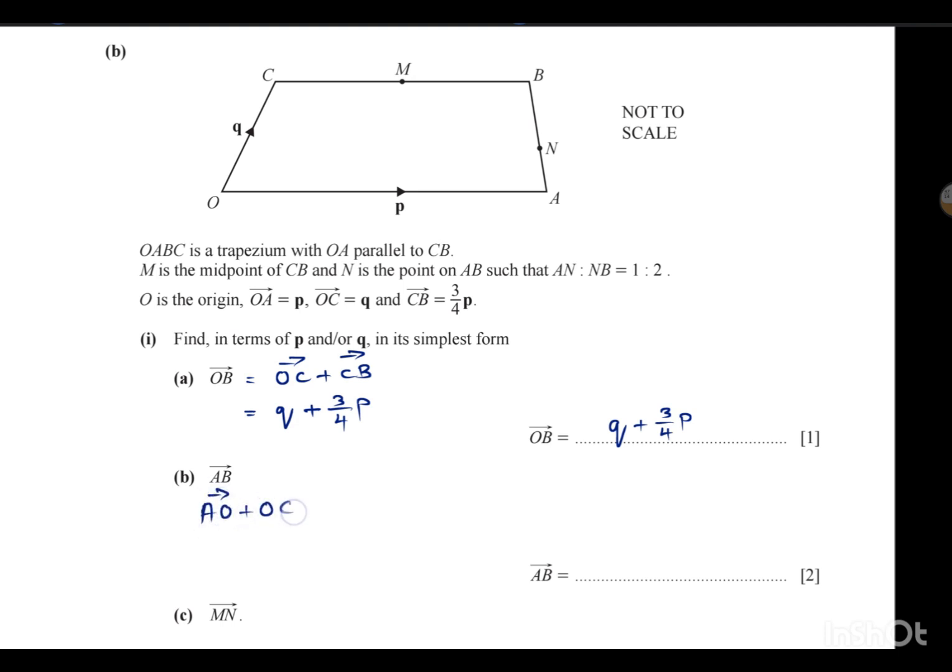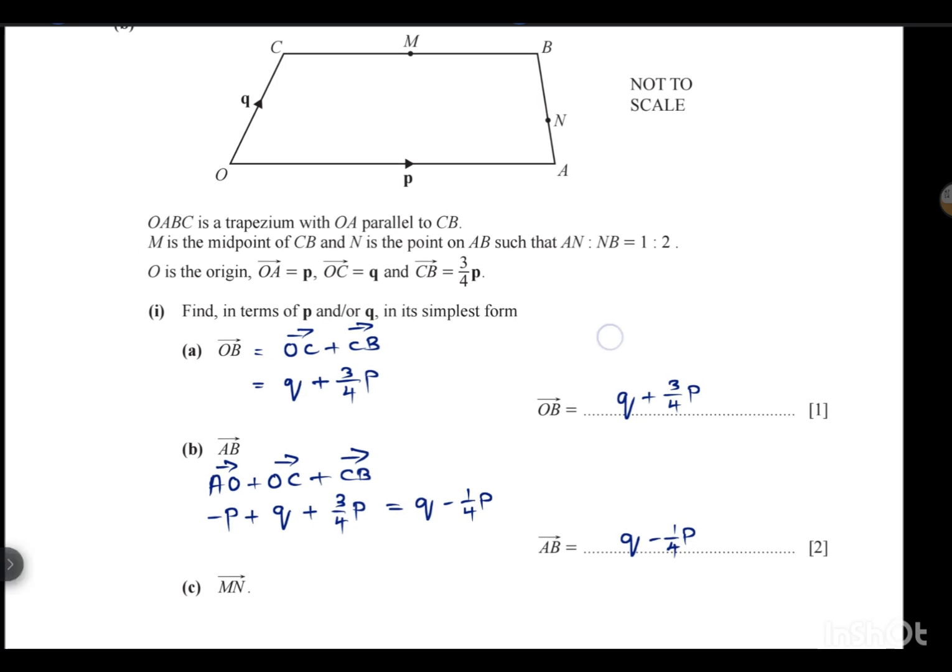AO is the opposite of OA, so minus P. OC is Q, and CB again we can write 3 by 4 P. So this can be just calculated: 3 by 4 P minus P will be minus 1 by 4 P. So Q minus 1 by 4 P. This is the answer for vector AB.